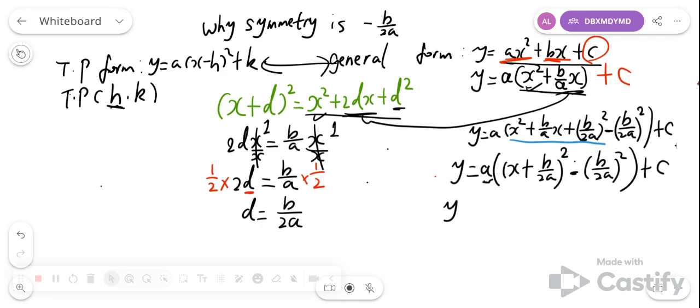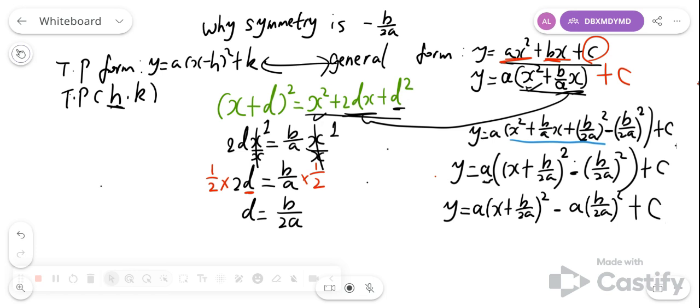That is why we need to times it back. So a and then x plus b over 2a to the power of 2. Then minus a times b over 2a to the power of 2. And then eventually plus c.